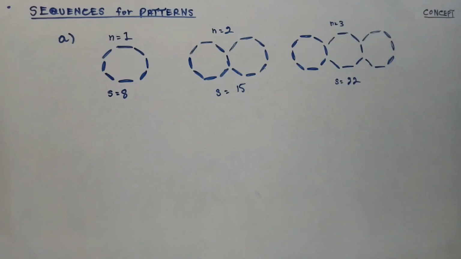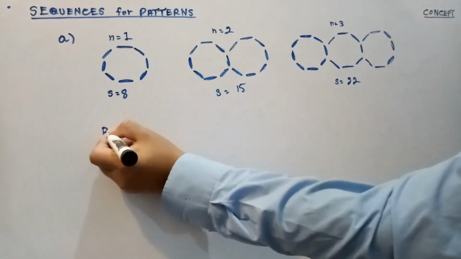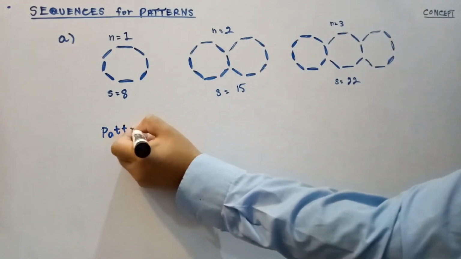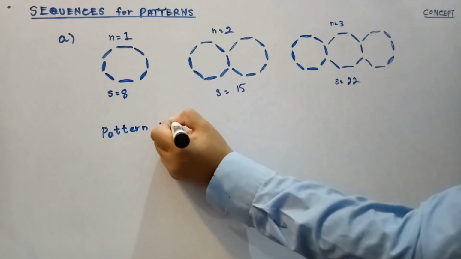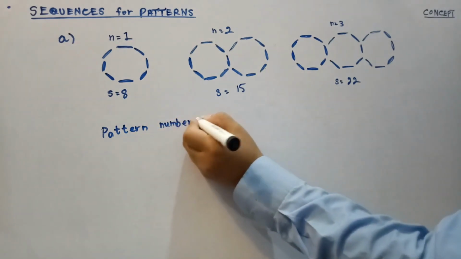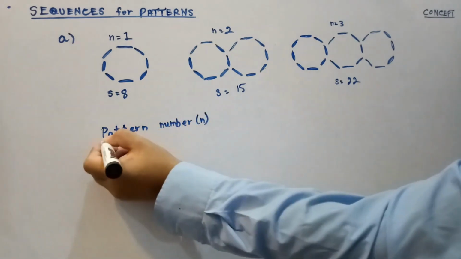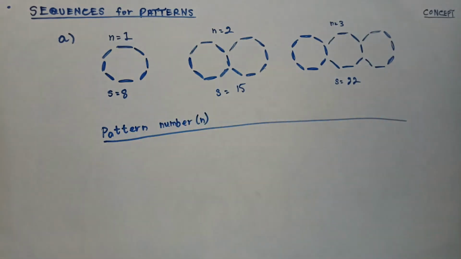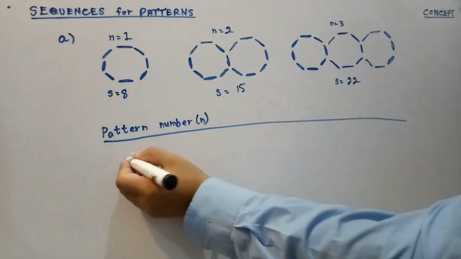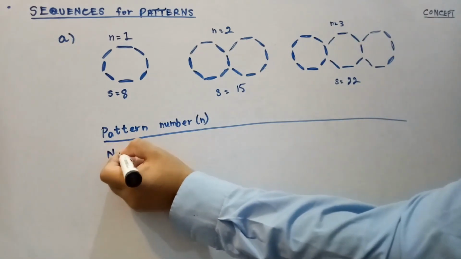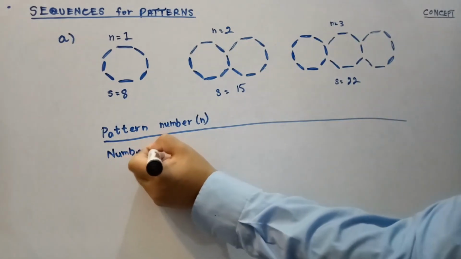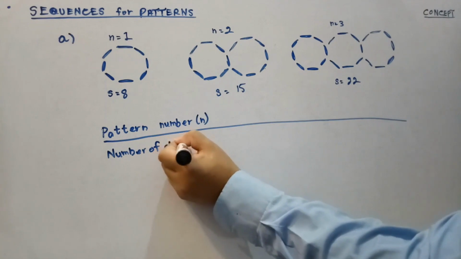First of all, we will draw a sequence table for the first 5 patterns. So how can we draw it? Here I will write pattern number, which means n. Then below it I will write number of sticks.